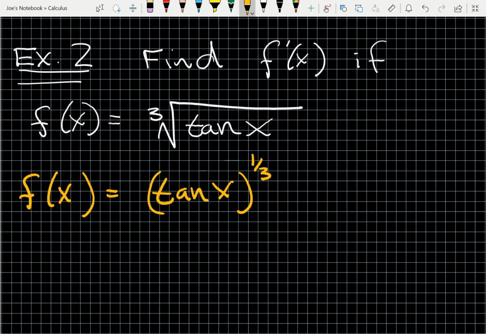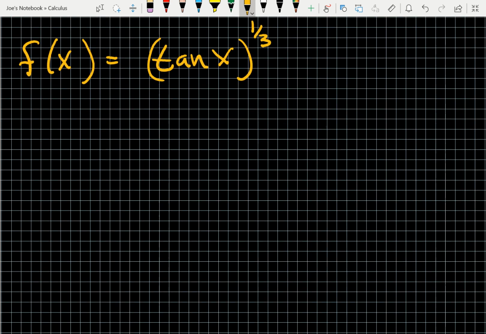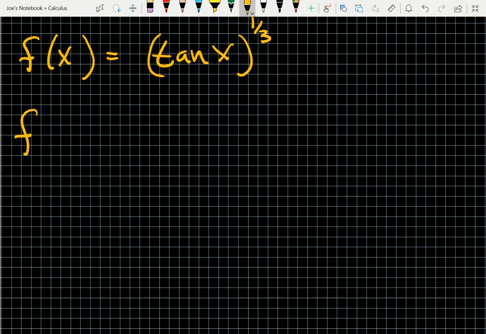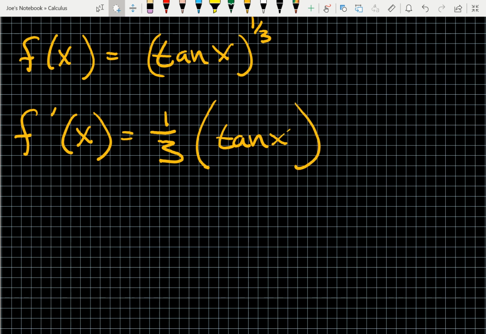My inside function is tangent of x. To find its derivative, f prime of x is going to be the derivative of the outside, so that's 1/3 times the quantity left alone, reduce the power by 1. 1/3 minus 3/3 is negative 2/3.